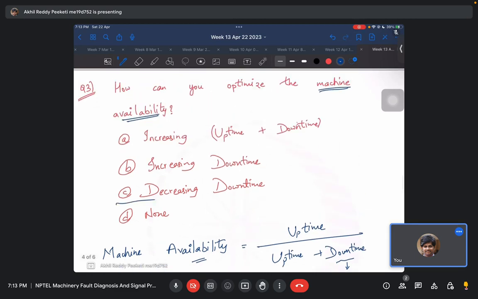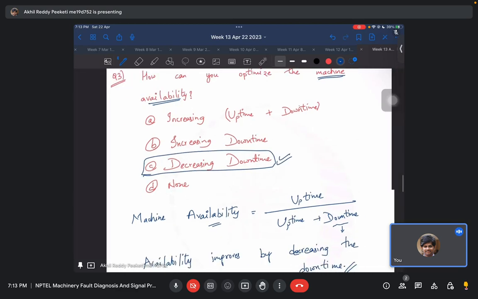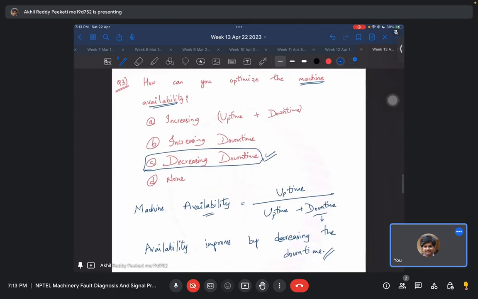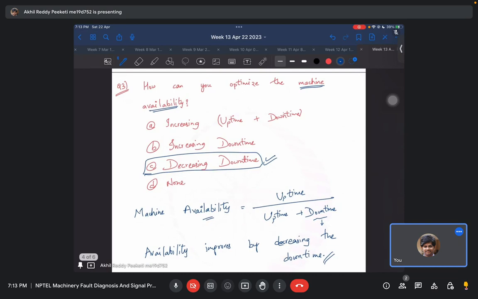So the answer is decreasing downtime to improve or optimize the machine availability. Okay. Let's move to the next question.